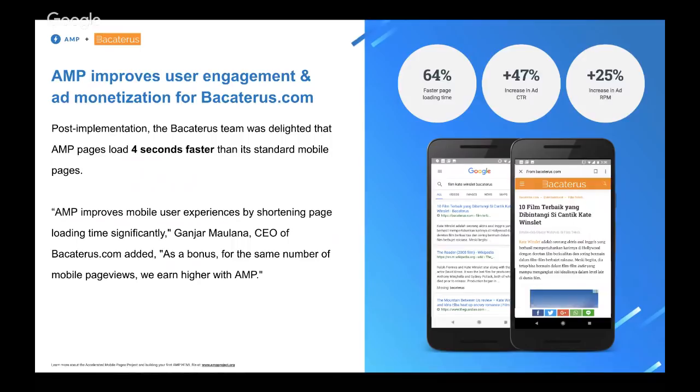And with this plugin, the website is now 64% faster, and in turn yields a better user engagement with his site and the ads themselves. Therefore, the ad CTR is also increased by 47% and CPMs by 25%, which is much, much better than any mobile web optimized website.